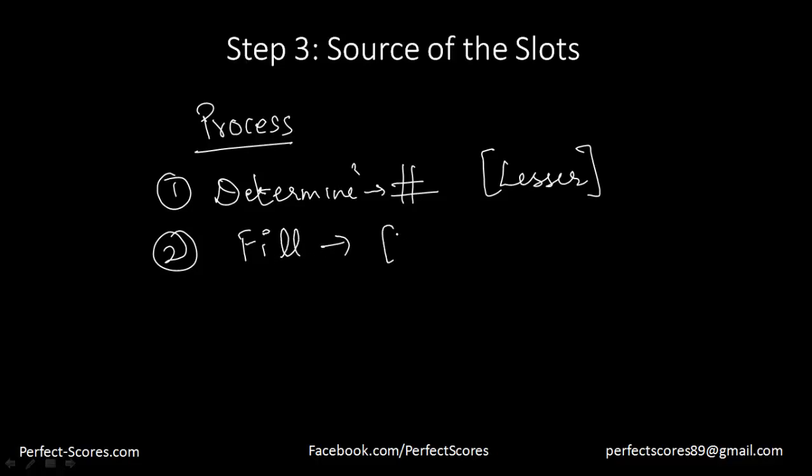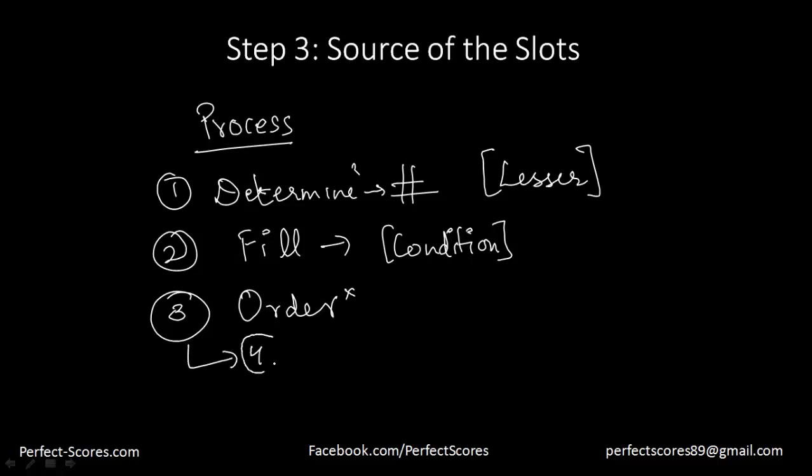These slots will have different conditions, which we have covered in the first video. I suppose you're pretty equipped with that. Then the next thing we decide is, does the order matter? If the order matters, fine, just multiply. But if the order doesn't matter, then you have the fourth step, asking yourself what the source of these slots is. Different sources will get divided by different numbers. That means my answer would be different when that kind of question comes, right?